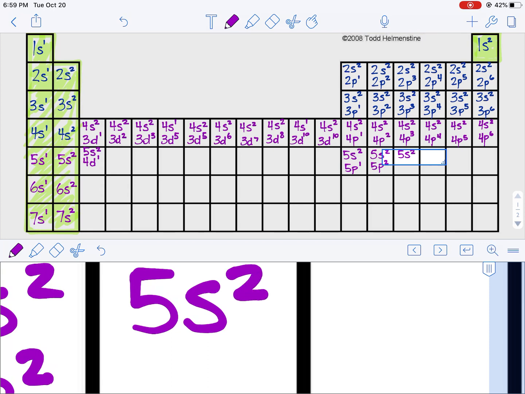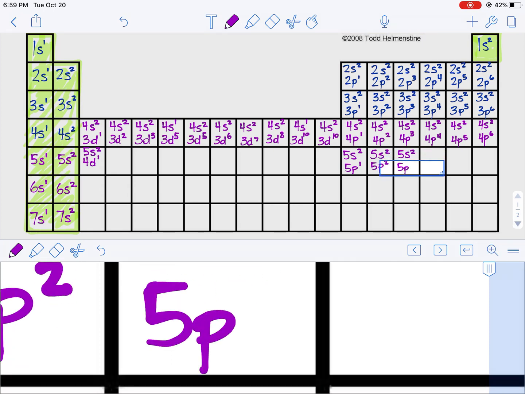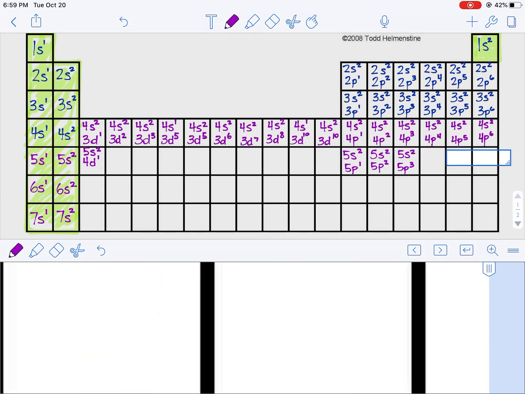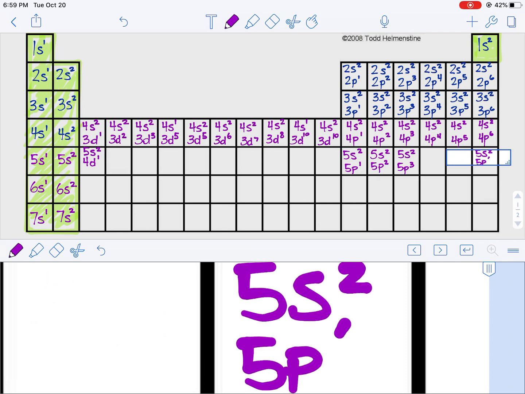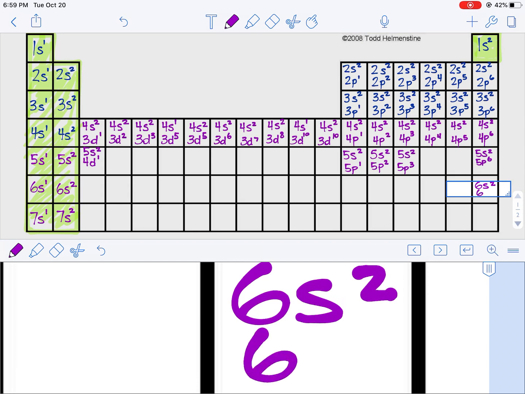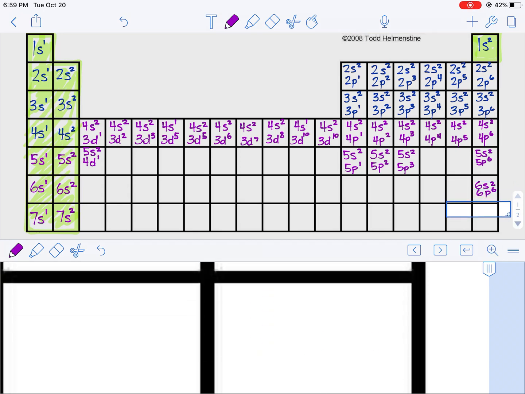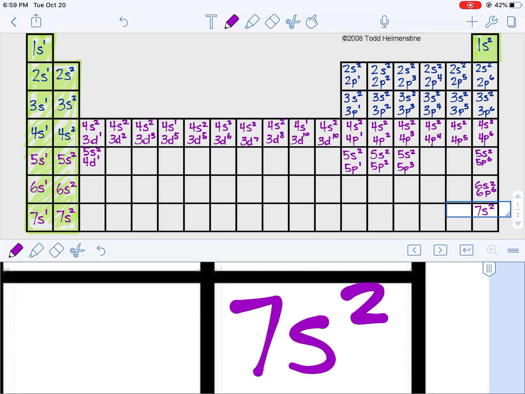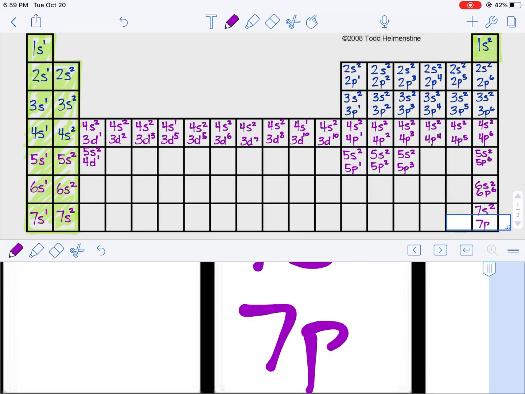And the box after that will say 5s2, 5p3. And so on and so on until we get to 5s2, 5p6. And I bet you're able to predict that the box beneath that will say 6s2, 6p6. And the box beneath that will say 7s2, 7p6.